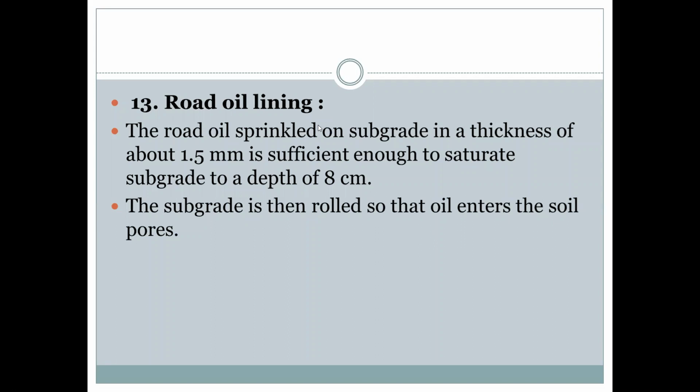The subgrade is then rolled with rolling equipment so that the oil enters the pores and voids of the soil.